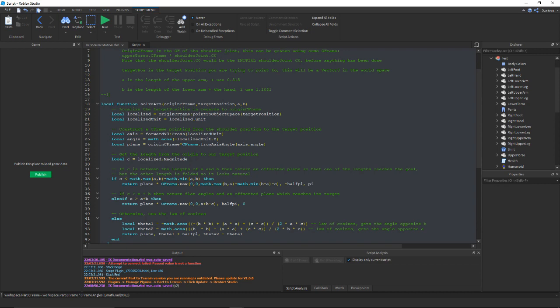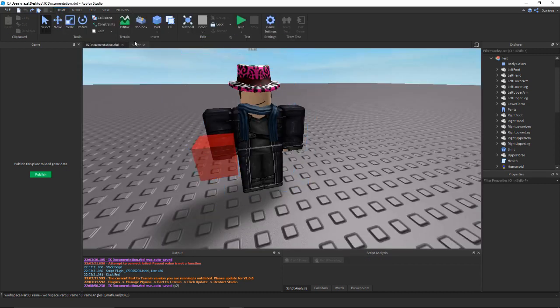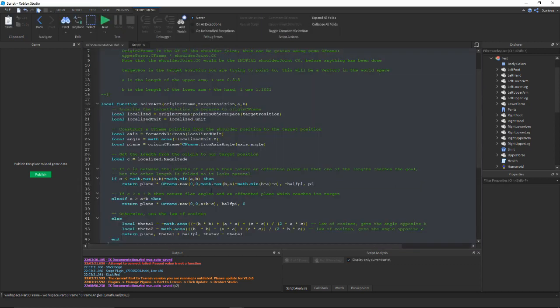And then next, if c is greater than a plus b, in which case the physical length from your shoulder to this target position is greater than the length of the arm totally, then we're just going to push the arm forwards until it reaches that point with no rotated angles for our limbs.